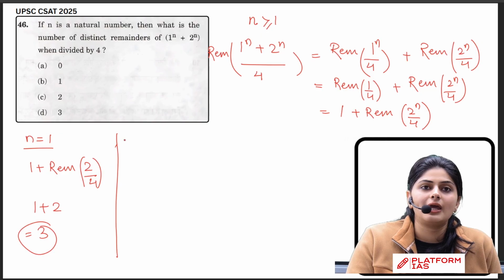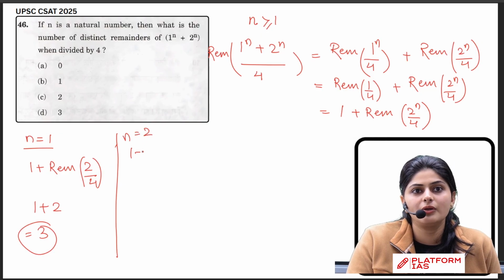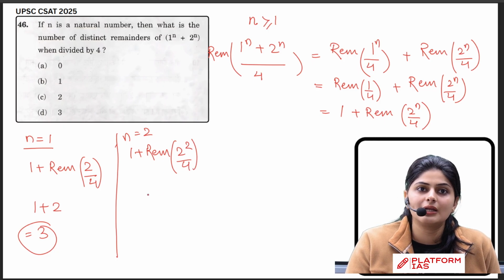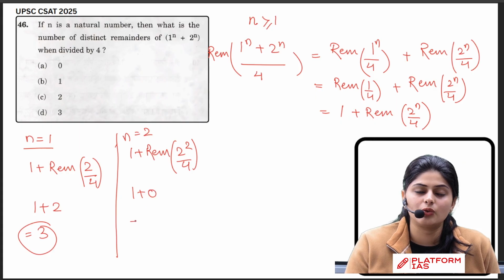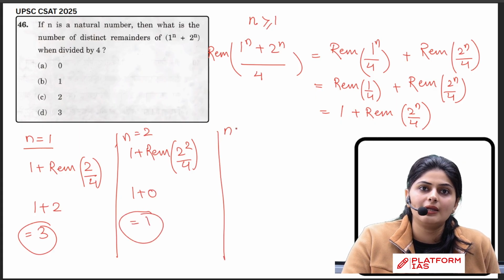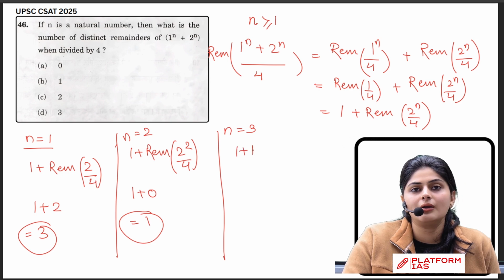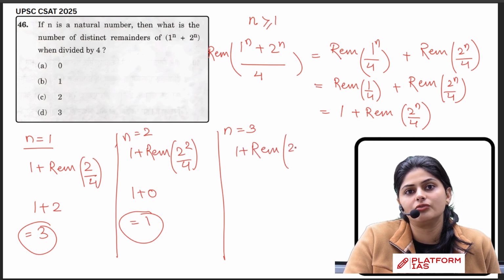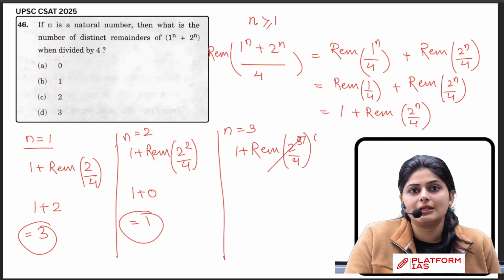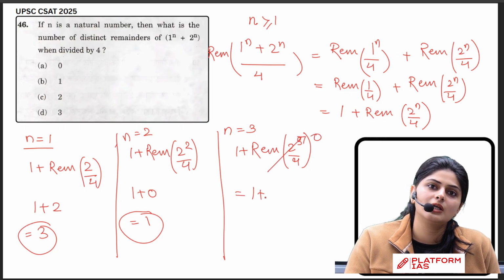Now if n is 2, it will be 1 plus remainder of 2 square by 4. 2 square is nothing but 4, so this will give me the remainder 0, and the final remainder would be 1. Now if n is 3, it will be 1 plus remainder of 2 cube over 4. Again, it will give me the remainder 0, so it will be 1 plus 0, and the final remainder will be 1.